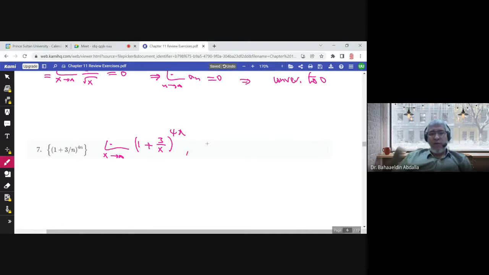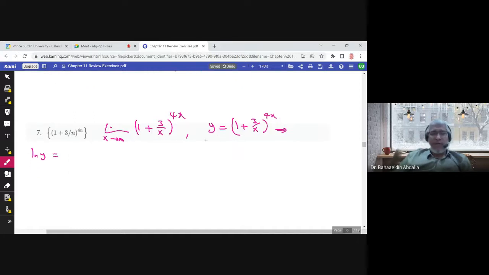So I call y equals 1 plus 3 over x to the power 4x, and then I take ln of both sides. So ln y would be ln of this. I can bring 4x here using the properties of the logarithmic function.